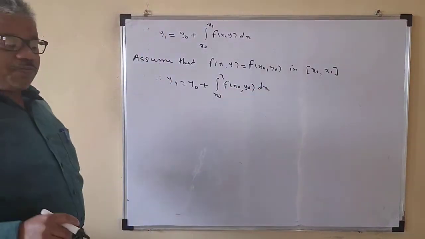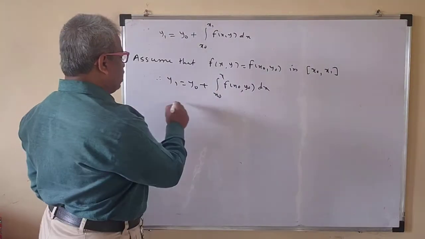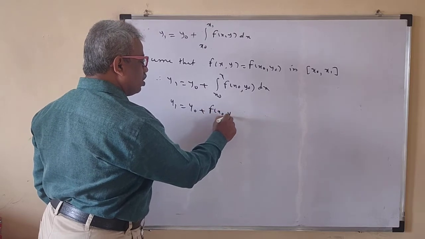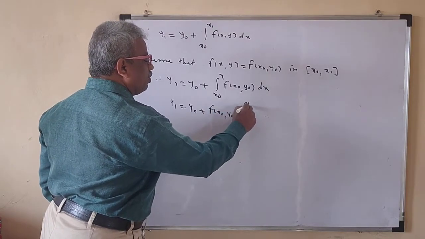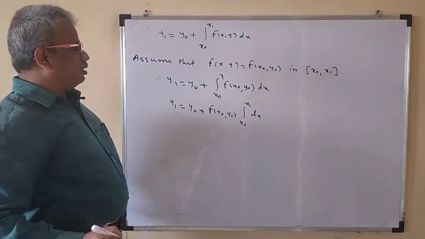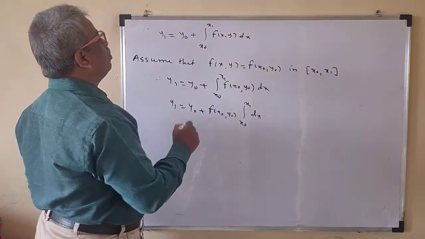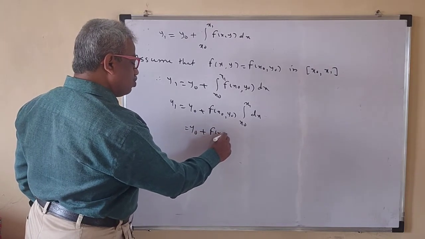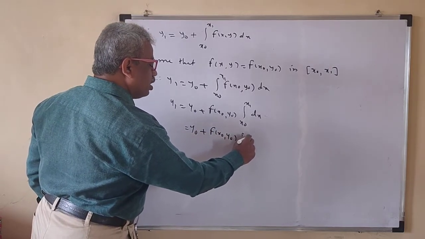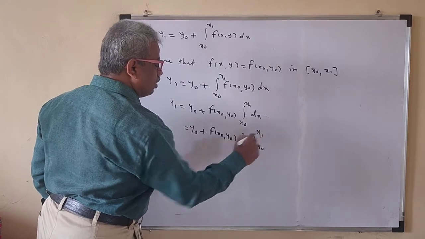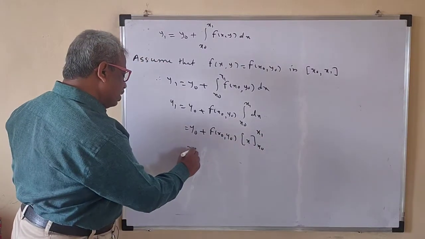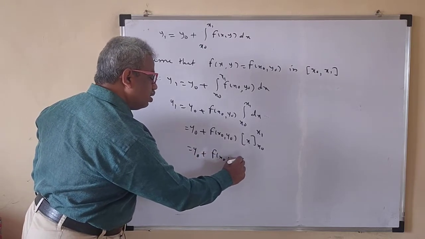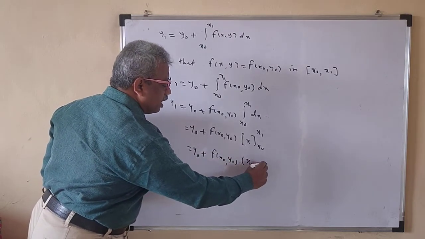Now (x0, y0) is a point, a constant, so y1 = y0 + f(x0, y0) times the integral of dx from x0 to x1, which is y0 + f(x0, y0)(x1 - x0).